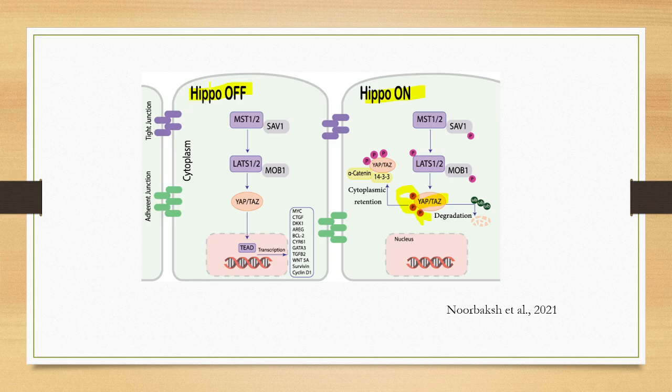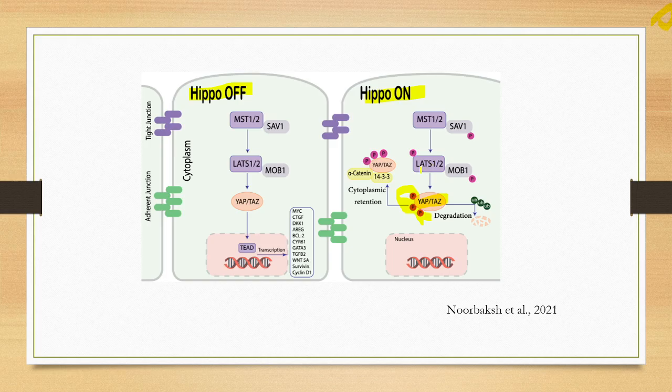You can see here, in the activation of the Hippo pathway, MST1 and 2 and SAV1 are the kinases. MST1 and 2 and SAV1 form a complex. This complex together phosphorylates your LATS1 and 2.